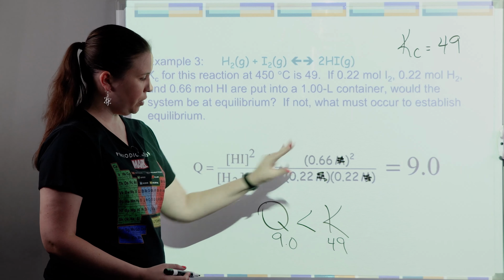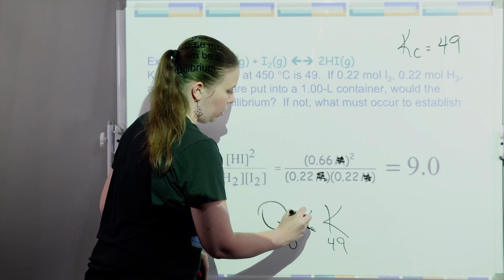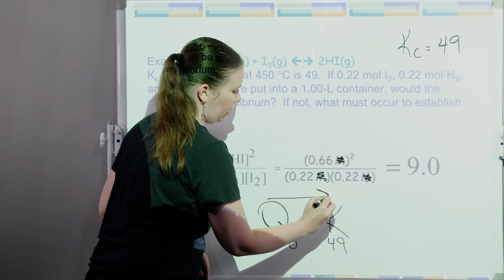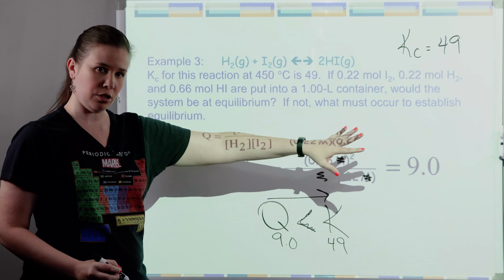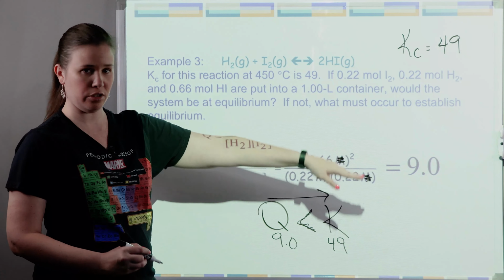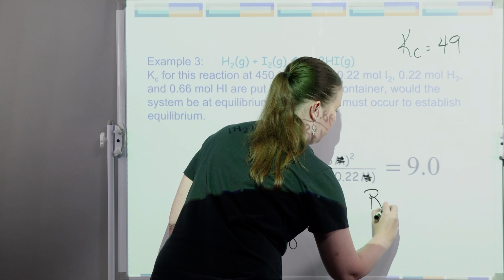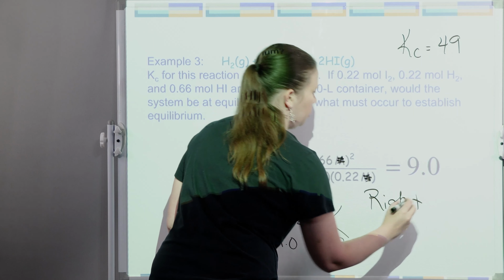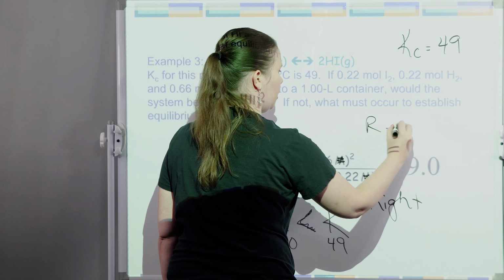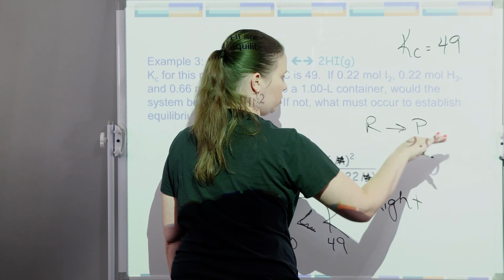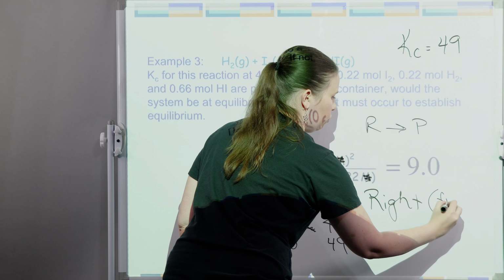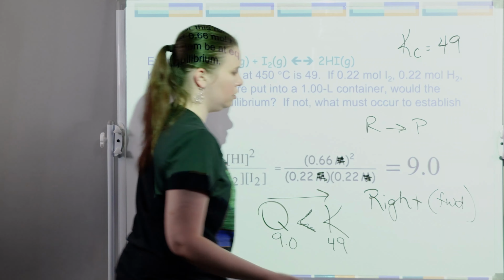So if I'm opening towards the K, my alligator would want to eat the K. That's the direction the reaction will proceed, whatever direction the alligator has to walk. So that means we're going to shift to the right. And where I have reactant making product, that would be the forward reaction.